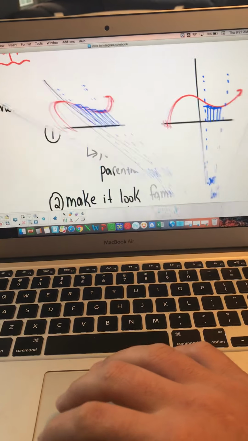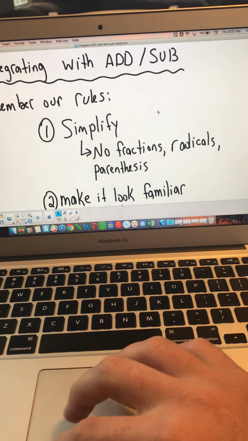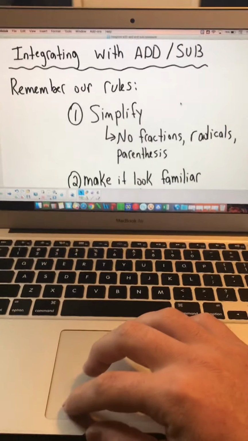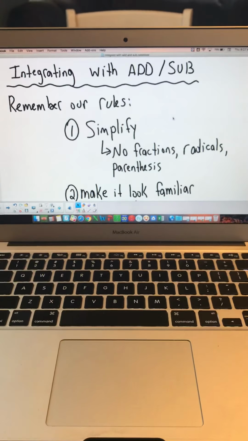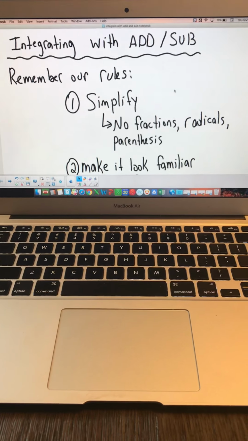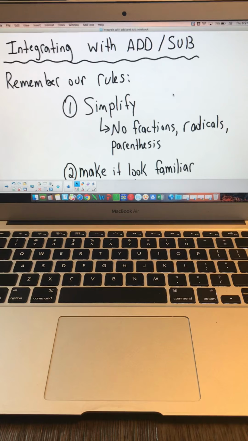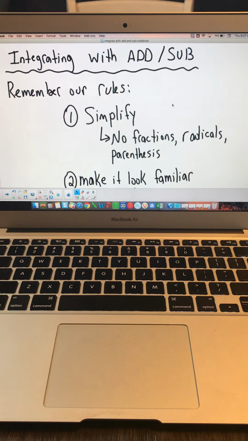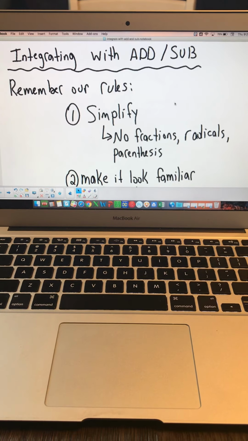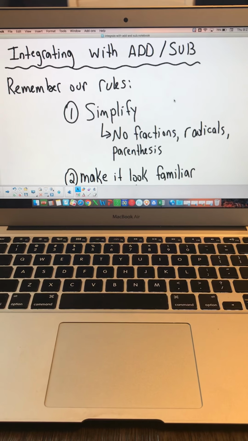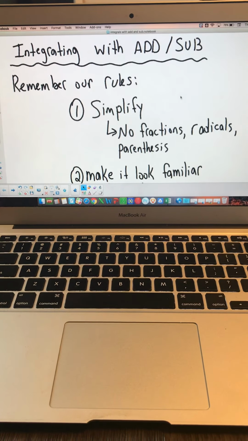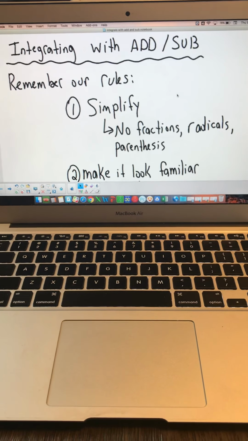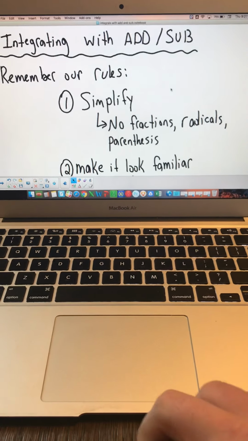Here we go. The first rule. Integrals with adding and subtracting. Just like we started with derivatives with the power rule, we're doing the same thing here with integrals. Power rule, exponents. So this stuff doesn't change.